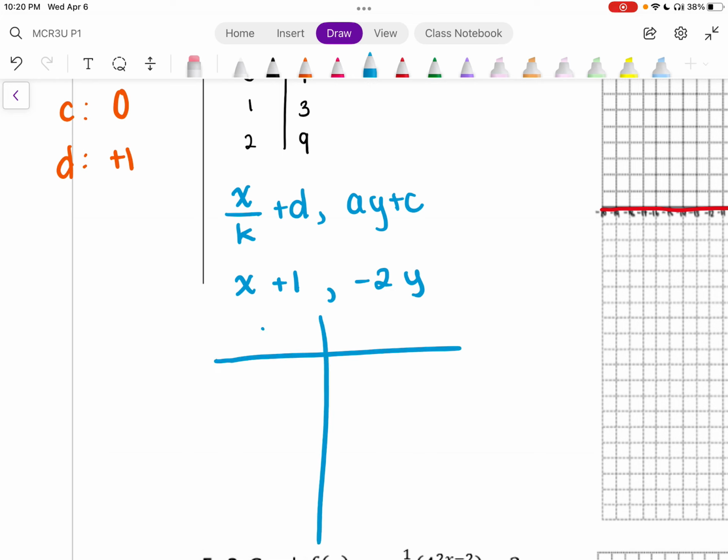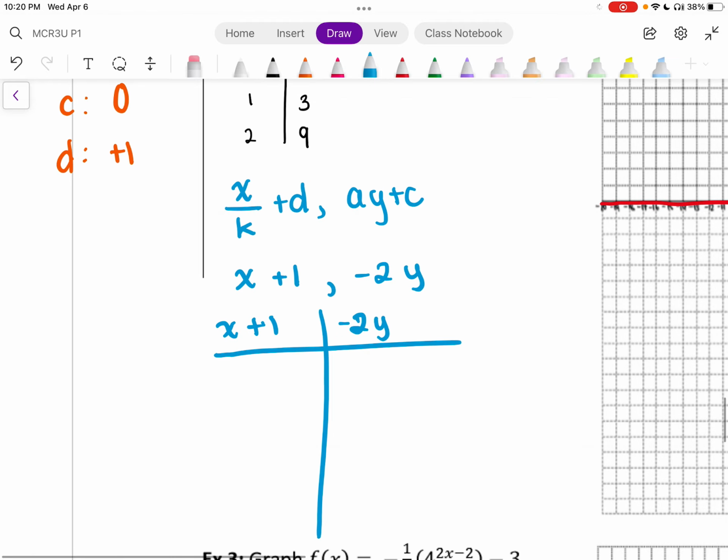So I'm going to put my new X plus 1 value and my -2Y value. So -2 plus 1 is going to give me -1. -1 plus 1 is 0. 0 plus 1 is 1. 1 plus 1 is 2. And then 2 plus 1 is going to give me 3.